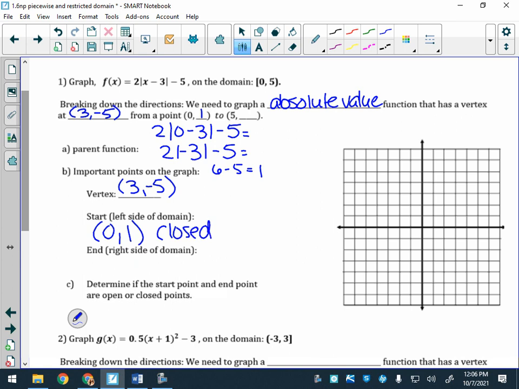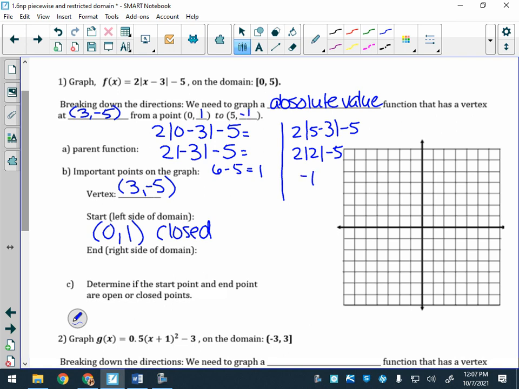Now we're going to input 5. And what do we get for y value? -1.